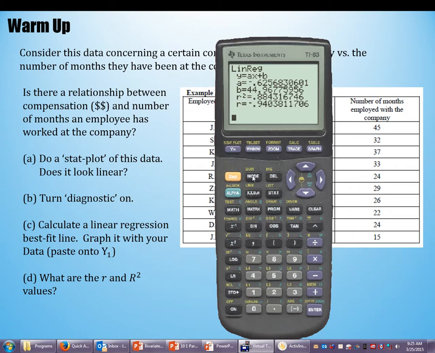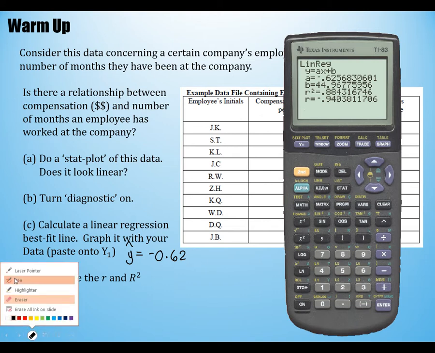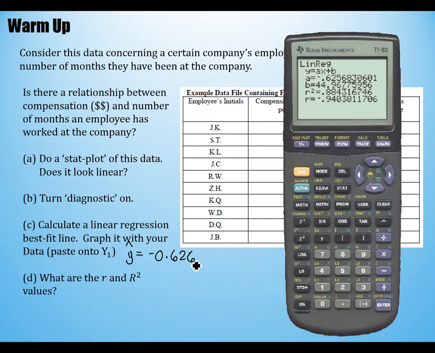So our linear regression, if you wanted to round to 3 sig figs, here we can write this. Whatever it says there, right? Down here, best fit line. Y is equal to, or is estimated by at least, negative 0.625, excuse me, let's round correctly, 0.626x plus 45.0.